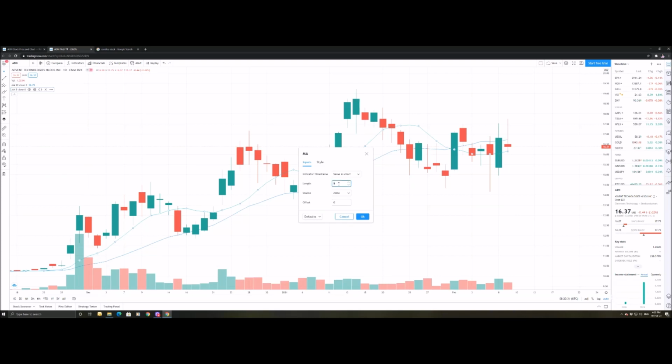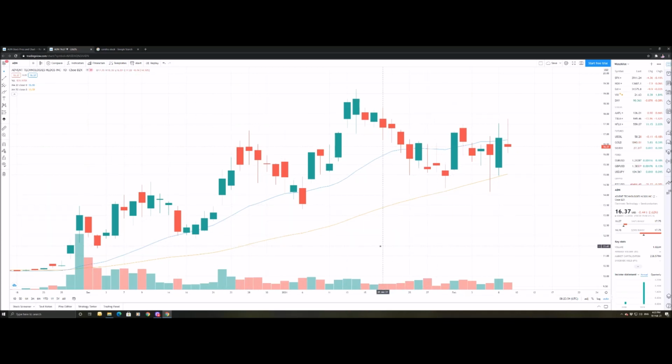One that's commonly used, as I said before, is the 20-day, and this can be compared to the 50-day, for instance. Let's make it a completely different color so that it's very obvious which ones we are looking at. So there's our orange one right there, and as you can see, obviously it's over a longer period of time, so we're not seeing it as closely linked to the current price.